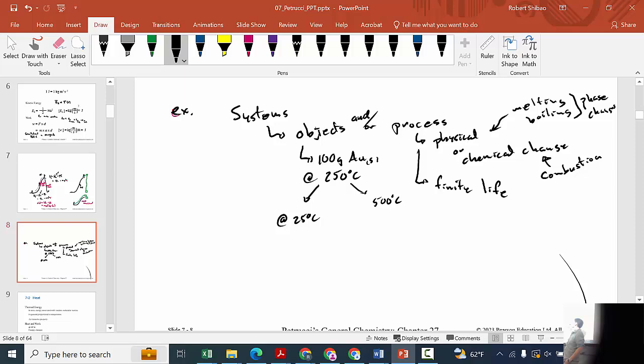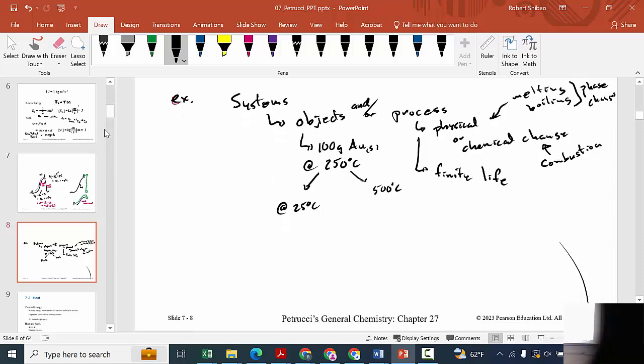The gold bar was originally at 250, now it's 25. Or if I heat it up, I add energy. So here I have to remove energy in order to cool the gold bar down. Here I have to add energy in order to heat up the gold bar. So we'll have to deal with that.